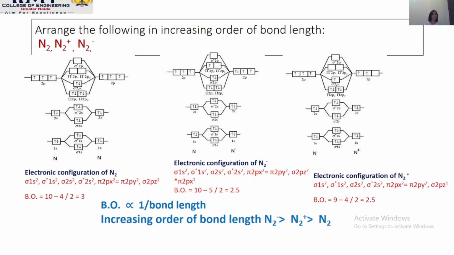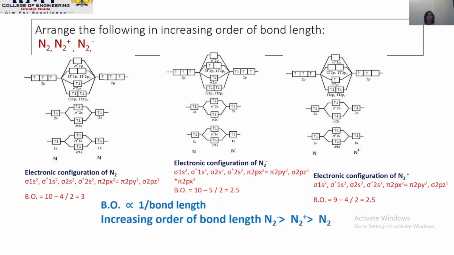In case of N2 minus, the number of electrons in antibonding is 5 and in N2 plus it is 4. As we know, as the number of electrons in antibonding increases, the stability of the molecule decreases. So in this case, N2 plus is more stable compared to N2 minus because it contains fewer electrons in antibonding. So the increasing order of bond length is N2, N2 plus, N2 minus.